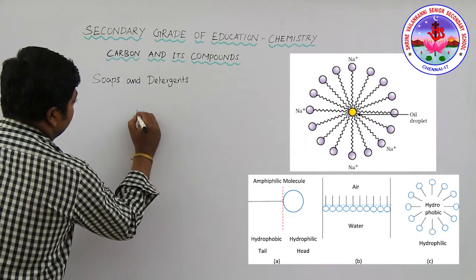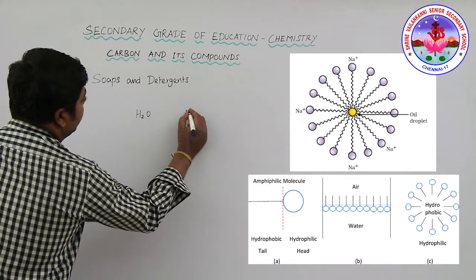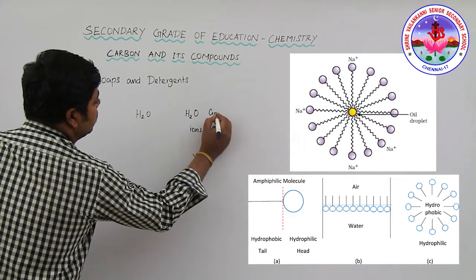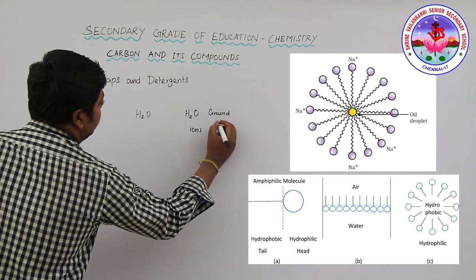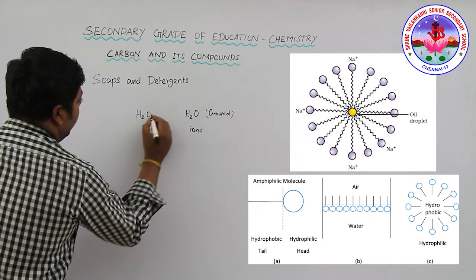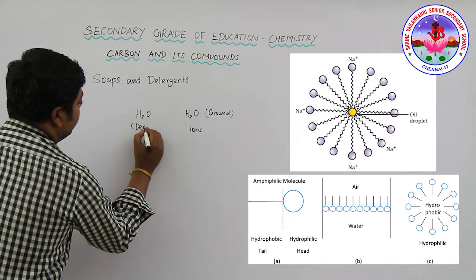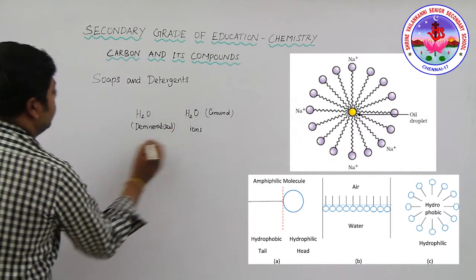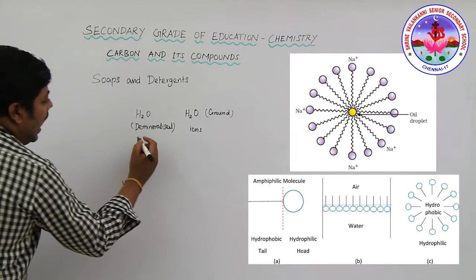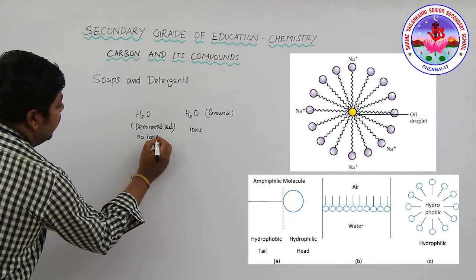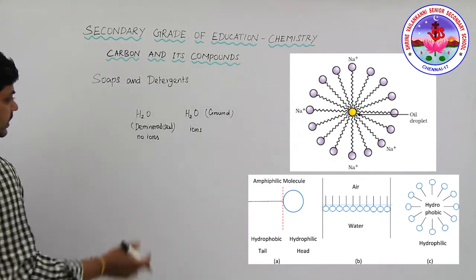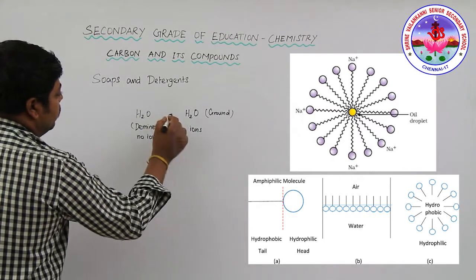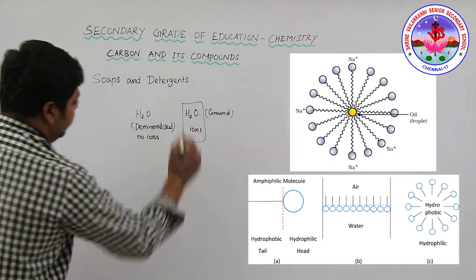Distilled water means demineralized water, or deionized water, but the groundwater, well water or tap water, contains some ions. Here no ions are present, but here some impurities like potassium and sodium salts are present. That's why they produce less foam, that is lather.